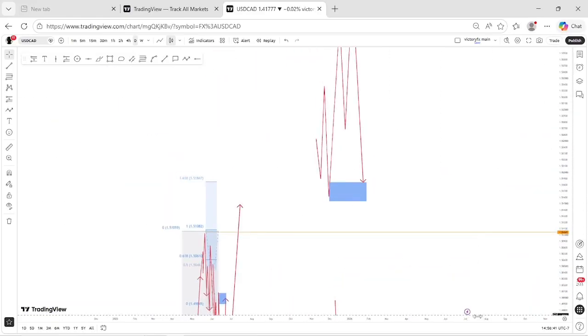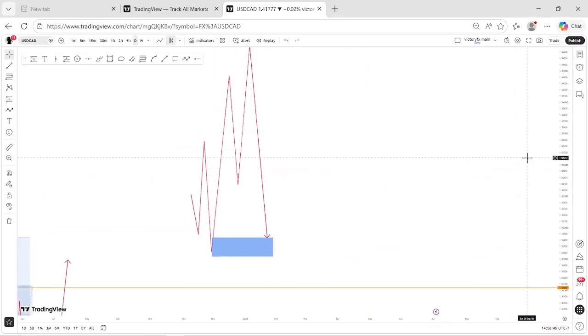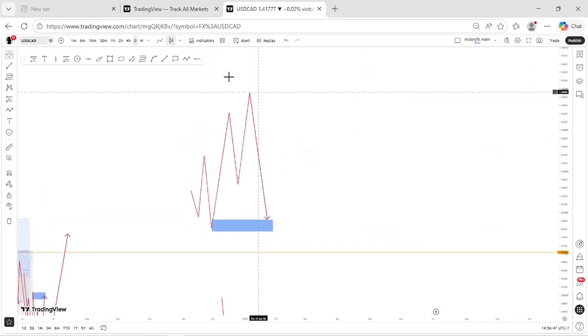Let me zoom out. Now, assuming you're looking to buy at this zone, you're looking to buy, right? And price broke structure, another break of structure. Then now, price broke this first break of structure. We say this is a market structure shift. No. Why?